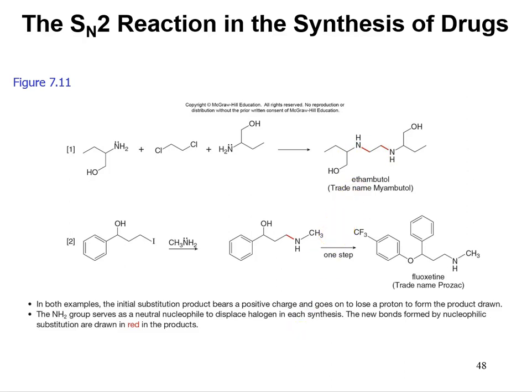A second example of SN2 reactions is in the synthesis of Prozac. The SN2 step is shown from here to here. Notice there is a primary alkyl halide in this primary alkyl iodide.